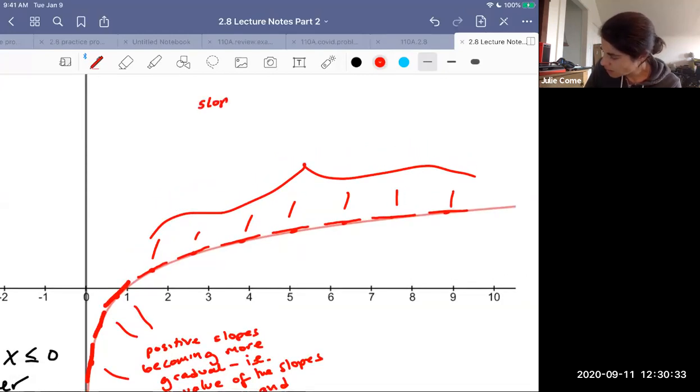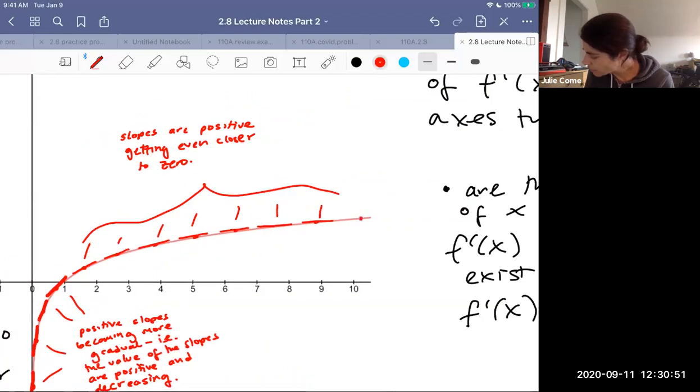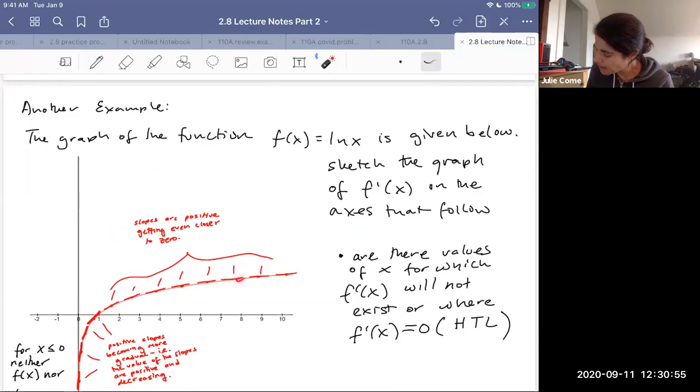Slopes are still positive, but getting even more gradual, meaning getting even closer to 0. Now, it looks to me like we're never actually going to get a tangent line with a slope of 0 on this graph because I know that the graph of ln never truly makes it horizontal. It keeps going up. It just goes up more and more gradually.